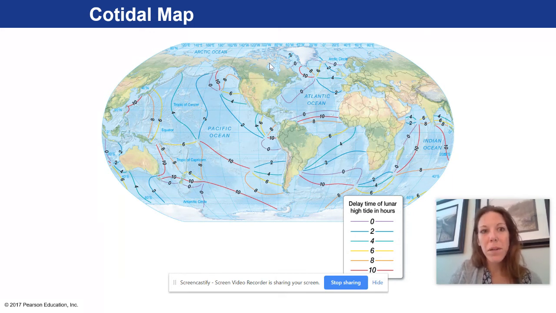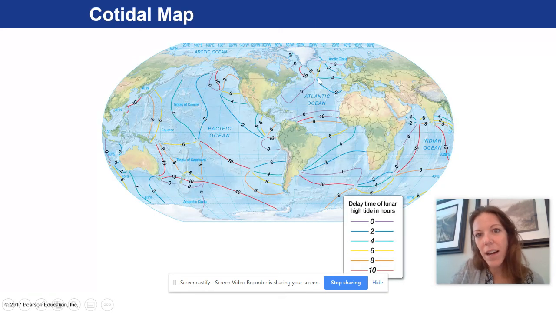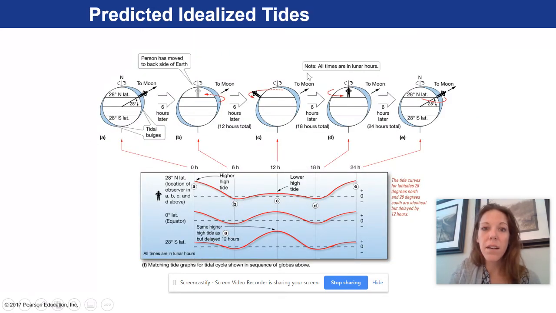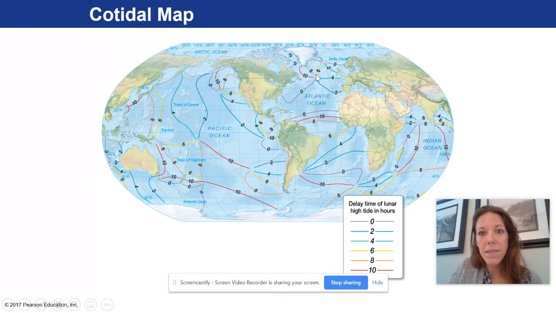So we have this map here that looks at cotidal lines and amphidromic points. Amphidromic points are areas where we see zero tidal range, which means that the tide is the same throughout the entire day. That's due to the geography of the area and also its location on the planet itself. So those amphidromic points are, again, areas where we see no tidal ranges at all.